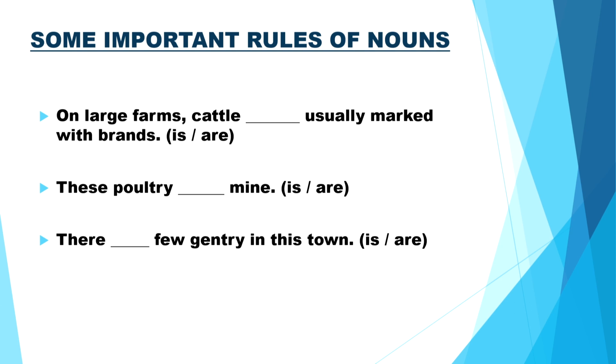Now, moving on, we will begin with some of the important rules of nouns. Here are a few questions. First of all, try solving them on your own. I will give you time.